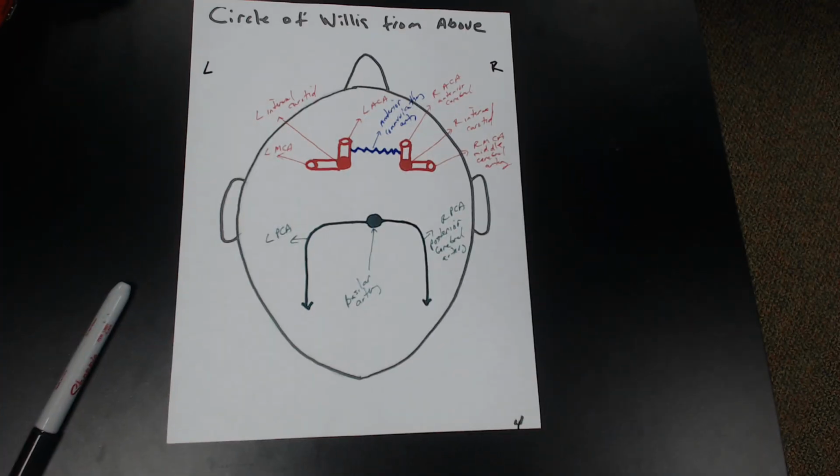Now you can see it better. The anterior communicating artery forms part of the circle of Willis. It's responsible for connecting left and right ACA, left and right halves of the brain.